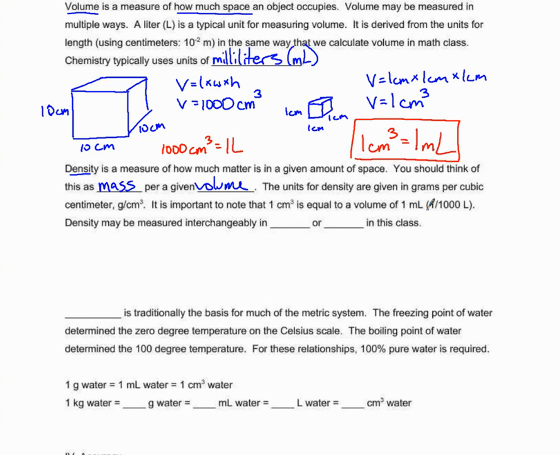And so interchangeably, we could use grams per cubic centimeter or grams per milliliter. These are essentially going to be the same thing. The only difference in the real world is that generally cubic centimeters deals with something that is a solid or something that is a gas, whereas milliliters could be something that's a liquid or something that's a gas. But we can use either one of these units interchangeably.